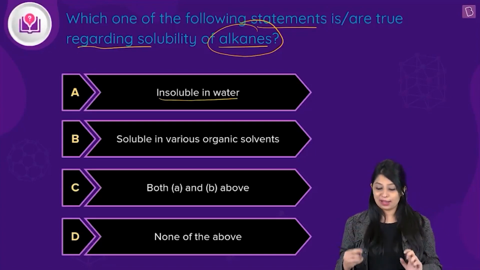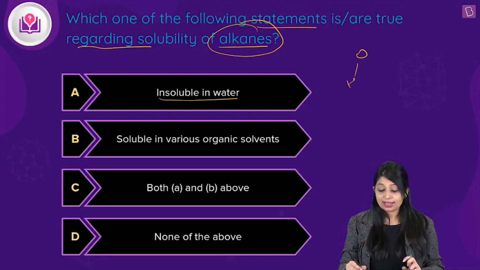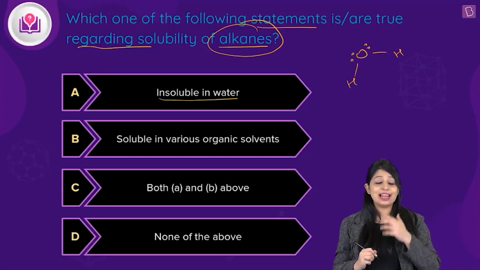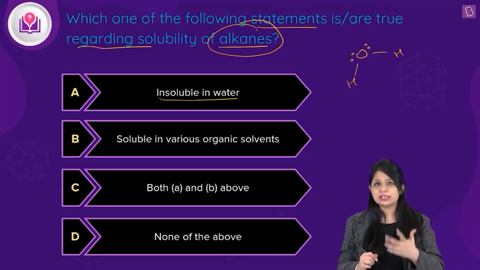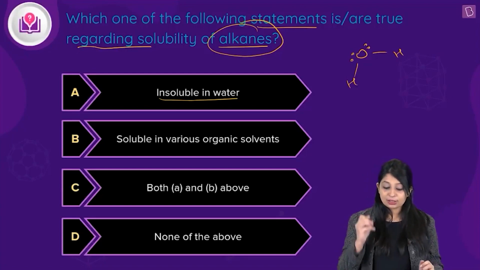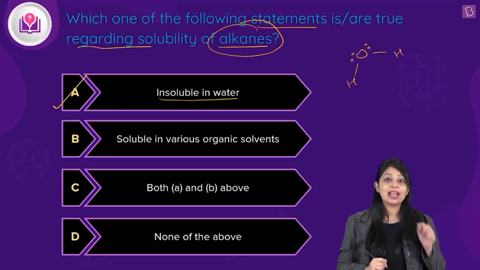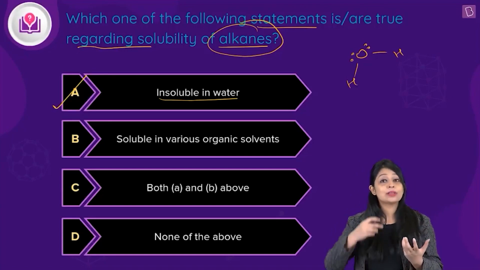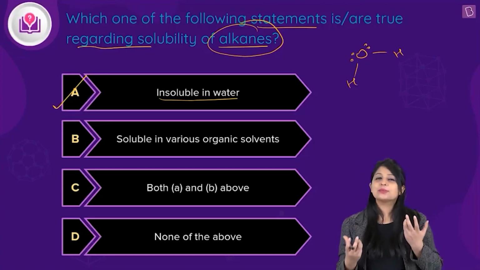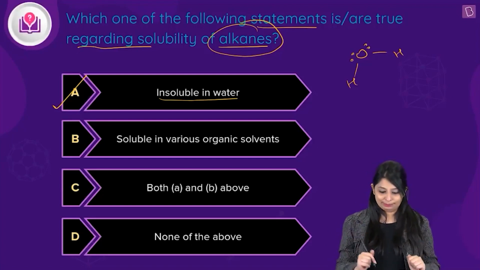That is true. Why? Because water is a polar molecule because of the large electronegativity difference between oxygen and hydrogen, right? So this makes option A absolutely correct. Alkanes are non-polar and water is polar, so alkanes will be insoluble in water.